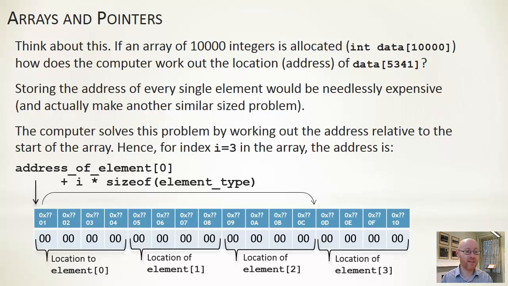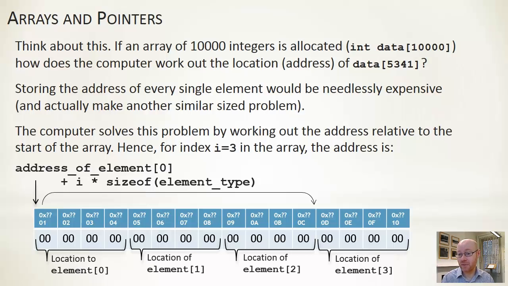Obviously, what you don't have is a lookup table which says that if you're interested in this particular value, here's the address that you go to, because it doesn't actually help doing that.